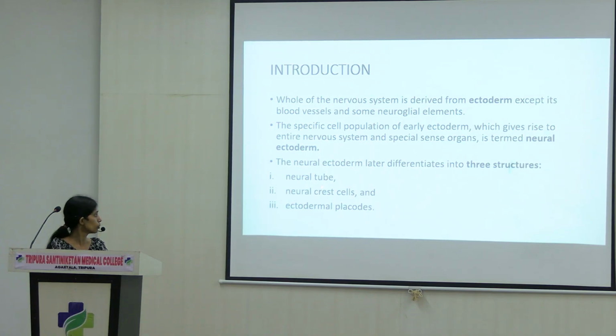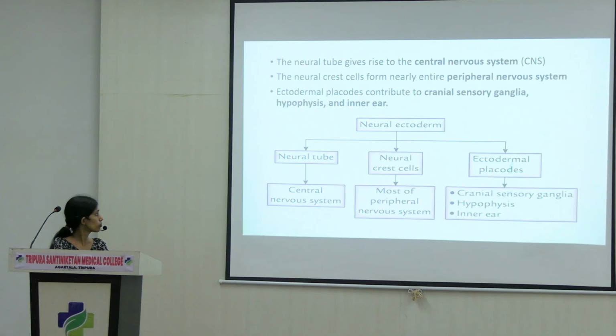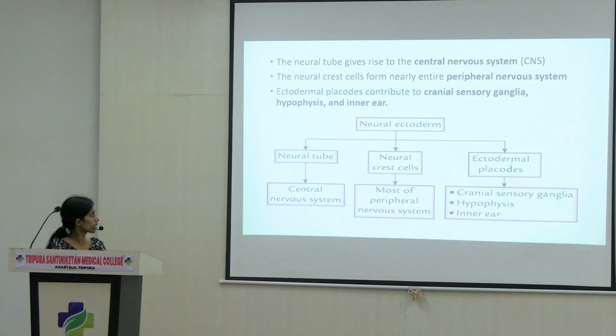Those are the neural tube, neural crest cells and ectodermal placodes. The neural tube gives rise to the central nervous system. The neural crest cells form nearly the entire peripheral nervous system. The ectodermal placodes will contribute to the cranial sensory ganglia, hypophysis and also the inner ear parts.